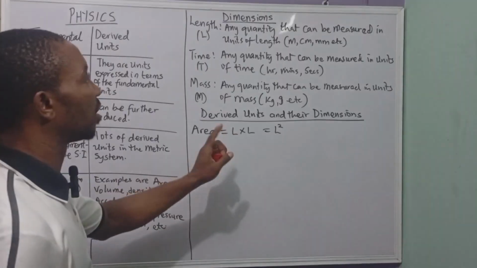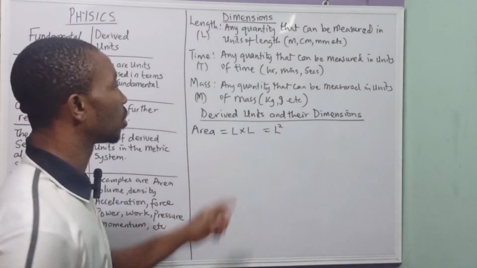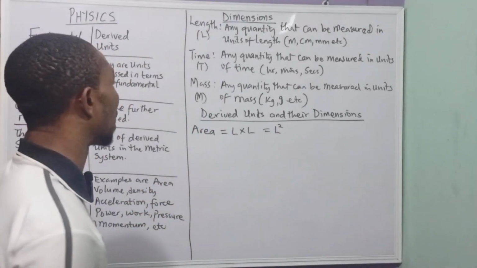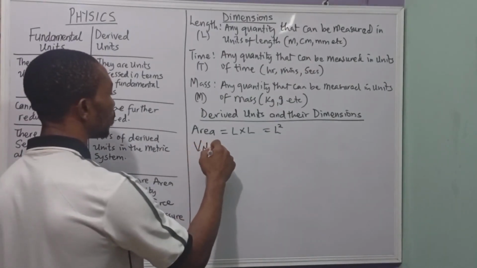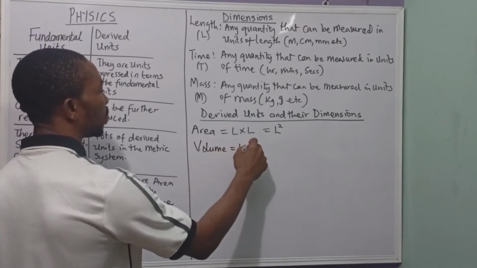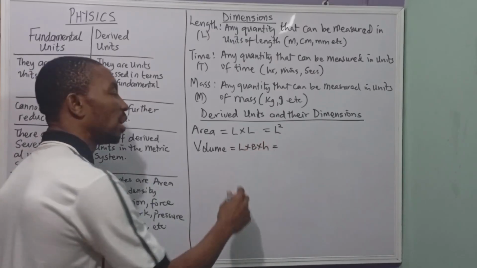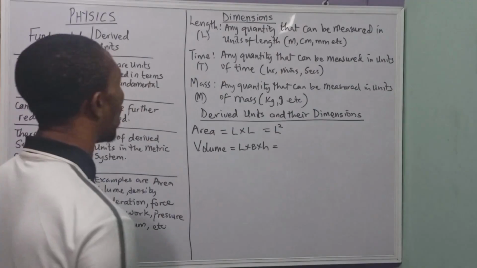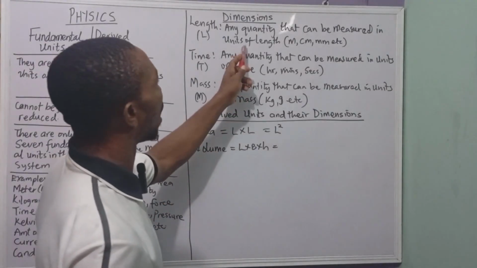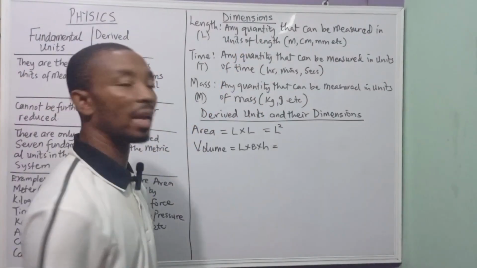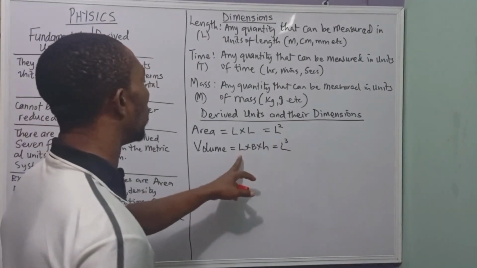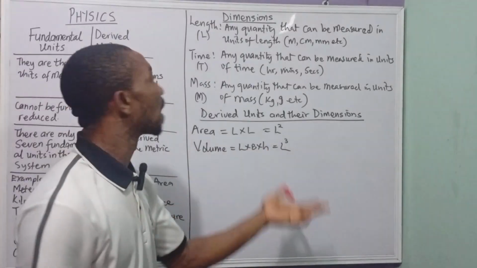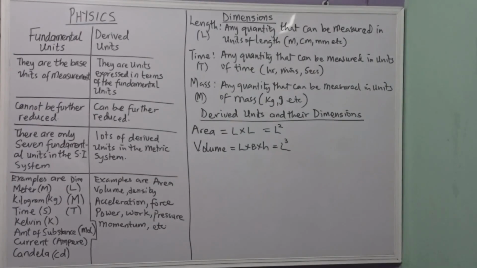Same for volume, which is length times breadth times height. All of these are measured under length, so the dimension becomes L cubed: length times length times length.